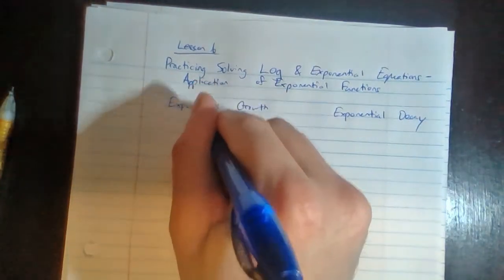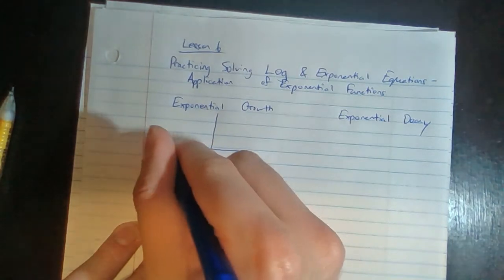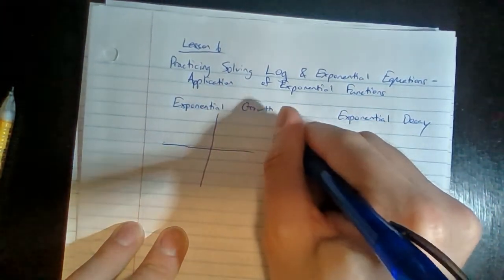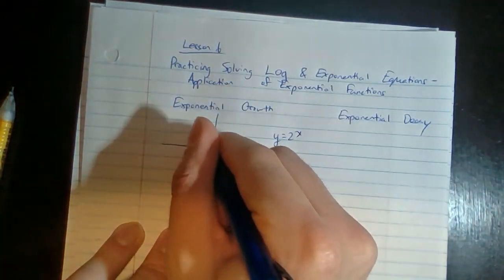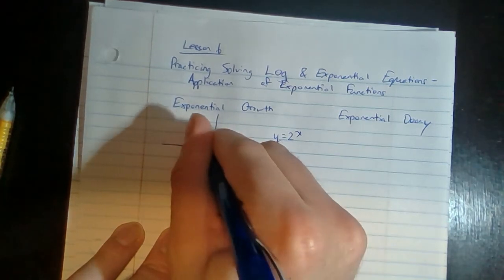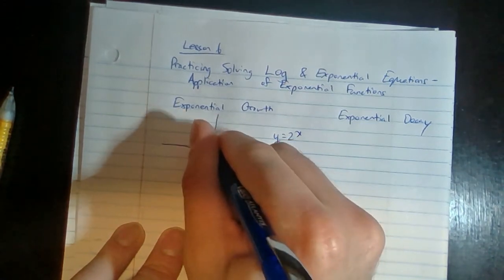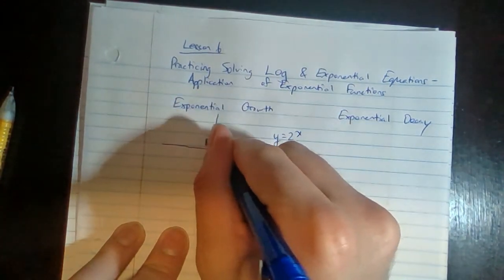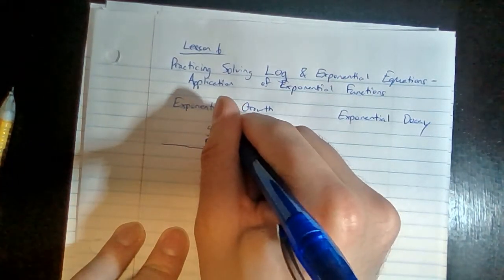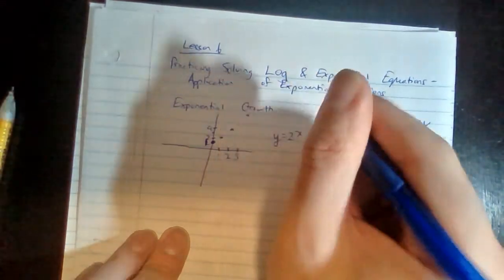So exponential growth, if you remember back from grade 11, looks, if we do, for instance, let's say y equals 2 to the power of x, when x equals 1, we're going to be at 2, x equals 0, we're at 1, x equals 2, 2 to the power of 2 is 4, x equals 3, we're going to be up at 8, and so on.